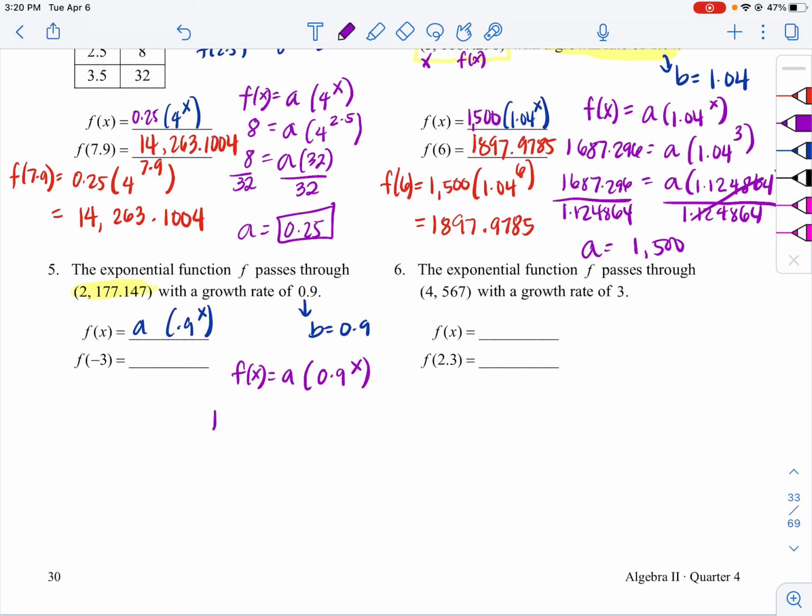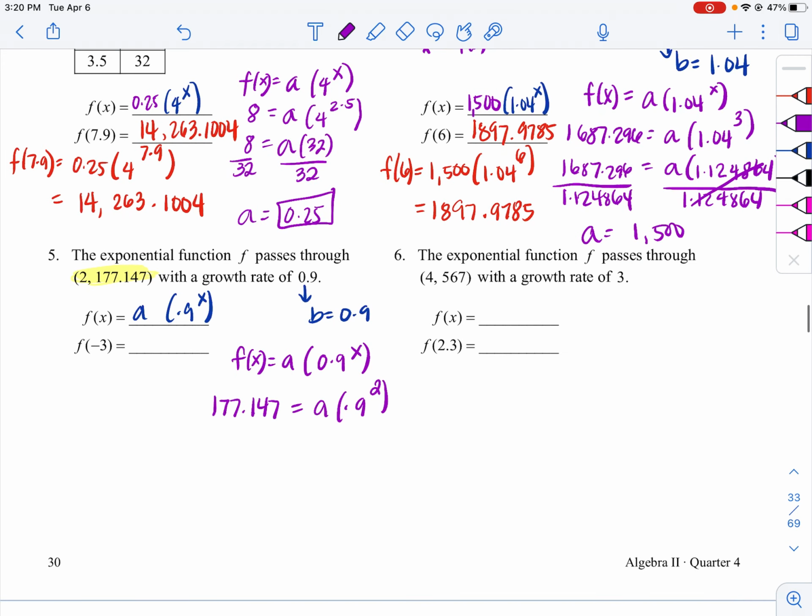My f of x is 177147 equals a times 0.9 to the power of 2. Okay. And then 0.9 to the power of 2 is equal to 0.81. So 177147, divide both sides by 0.81.